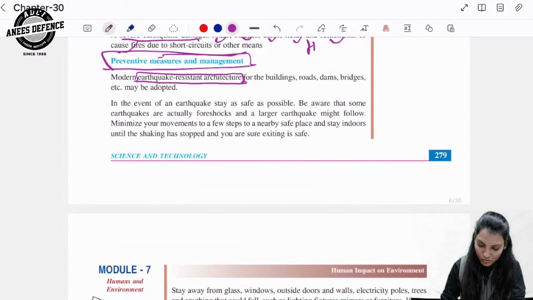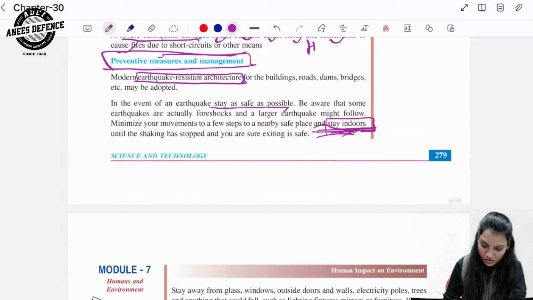In the event of an earthquake, stay as safe as possible. Be aware that some earthquakes are actually foreshocks and larger earthquakes might follow. Minimize your movement to a few steps to a nearby safe place and stay indoors. You should not come out from your house. Whenever an earthquake-like situation is there, you should stay indoors.